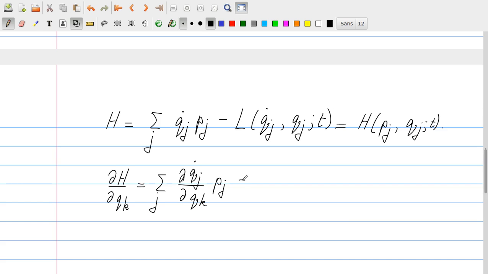And we should be careful with L. So first I get a derivative of L with respect to the qk.